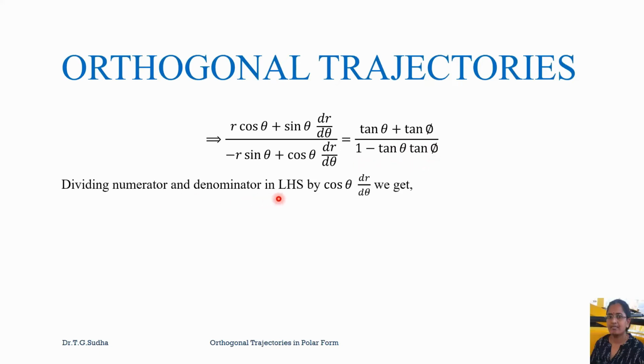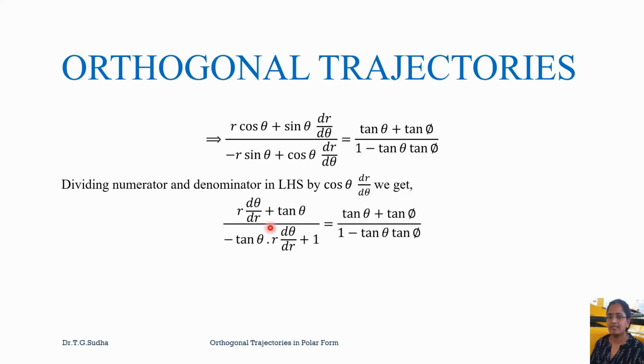So dividing numerator and denominator on the left hand side by cos theta into dr/d theta, we get (r d theta/dr plus tan theta) divided by (minus tan theta into r d theta/dr plus 1), equal to (tan theta plus tan phi) divided by (1 minus tan theta into tan phi).